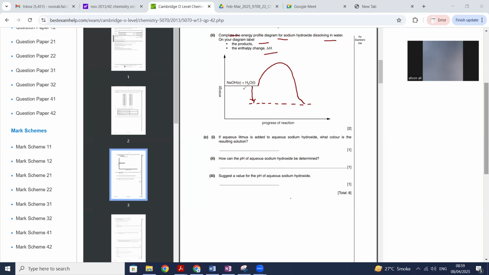I call it like input output. So the diagram of enthalpy change should be denoted by this simple change in H, and this is the place where the products are made.